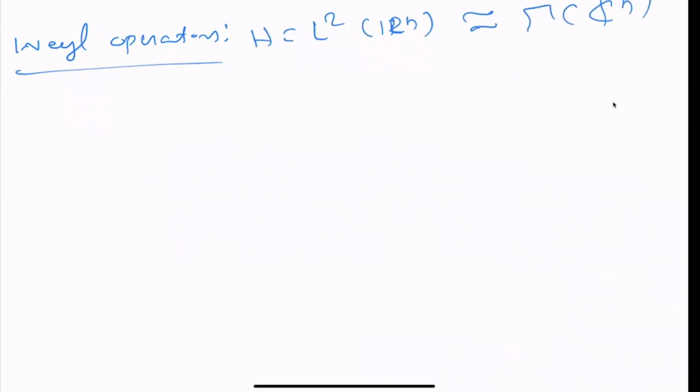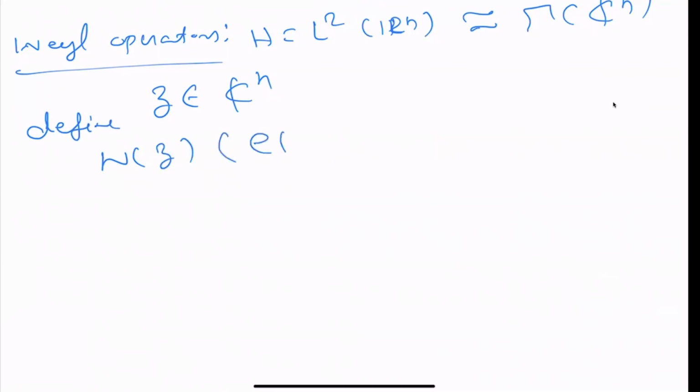Okay. So if we have a vector Z in Cn, we define W of Z acting on E of alpha, where alpha is also in Cn, just by the usual way, you know how to write it.